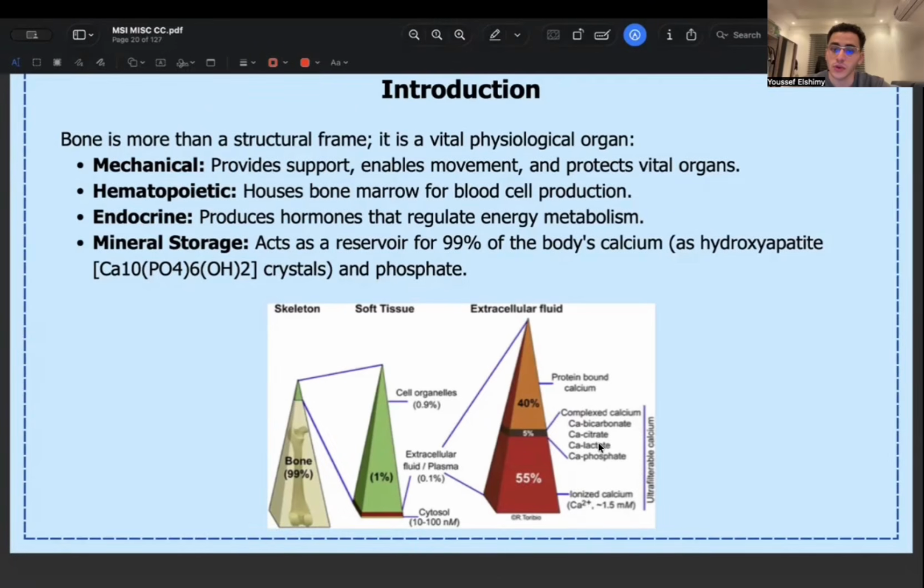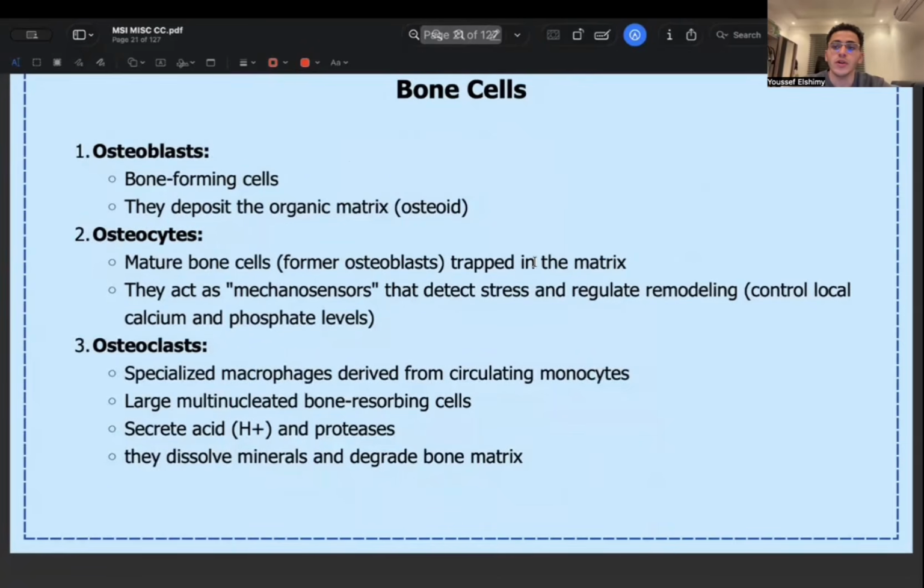And it is tightly controlled. So you have to tightly control the level of ionized calcium in our body. Then we have the 40 to 45%, which is the protein-bound calcium, or complex calcium, like calcium carbonate, citrate, phosphate, etc.